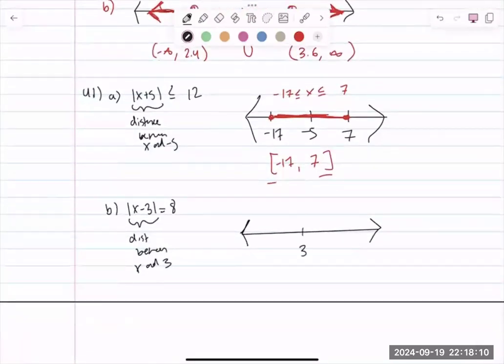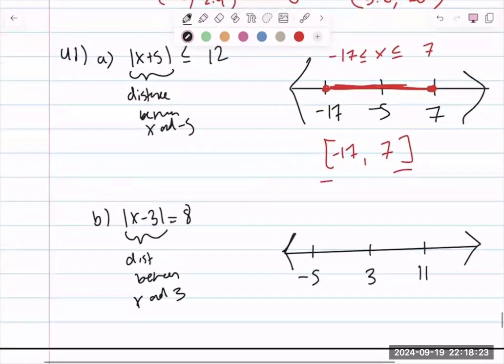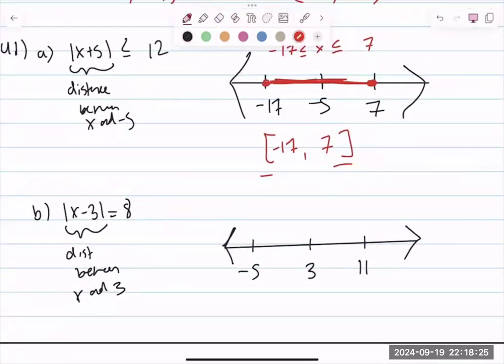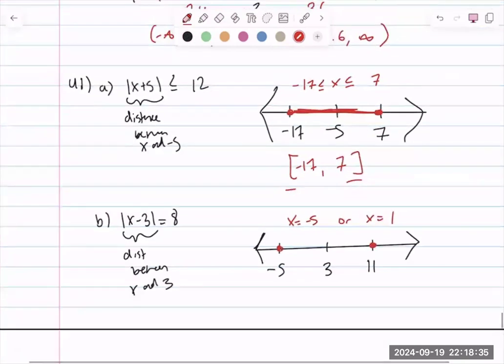So we have 3 here. 8 units away in this direction, we have 11. And 8 units away in the other direction, we have negative 5, right? And so if the distance between x and 3 is exactly 8, well, then x equals negative 5, or x equals 11, right? Has to be one of these points.